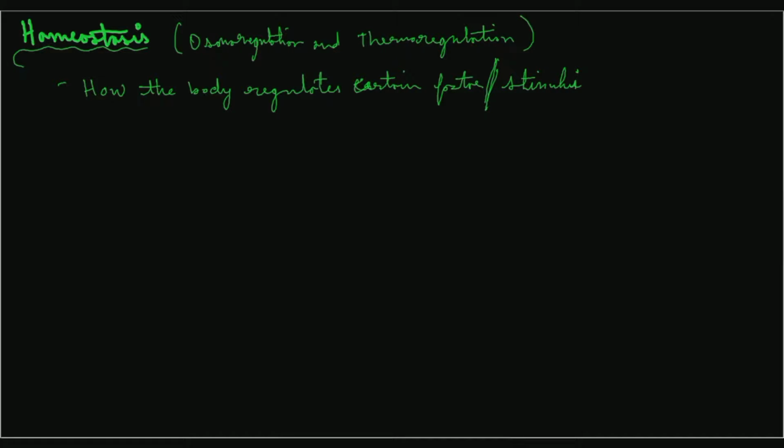For example, I can use a human example. When it's really hot outside, like it is right now, we tend to sweat to cool our bodies down. That's one of the things we do to bring that temperature down to a certain level, because the mainly the reason for homeostasis is that all of the enzymes in our bodies need to be at a certain point, like we've talked about in a previous video.